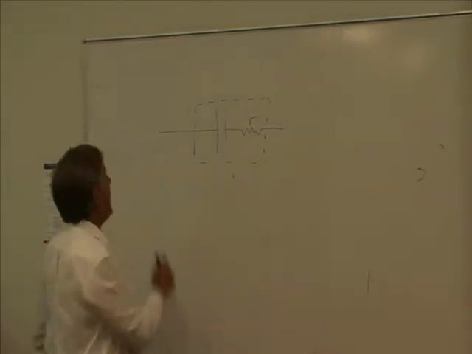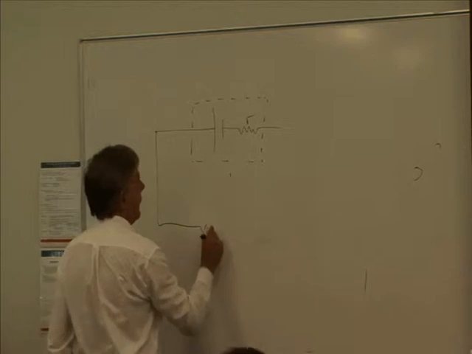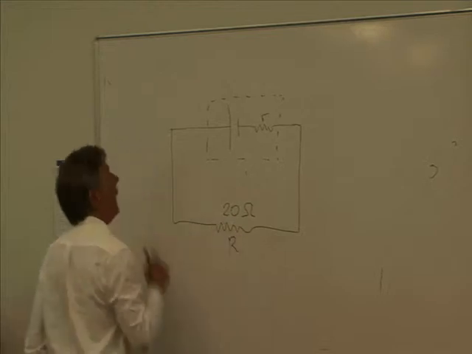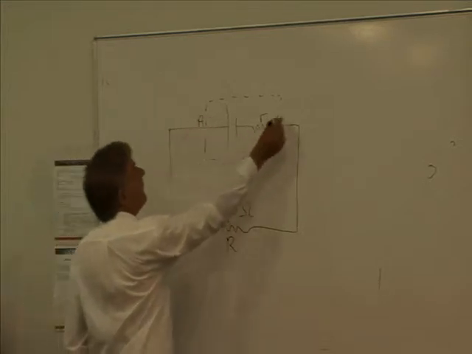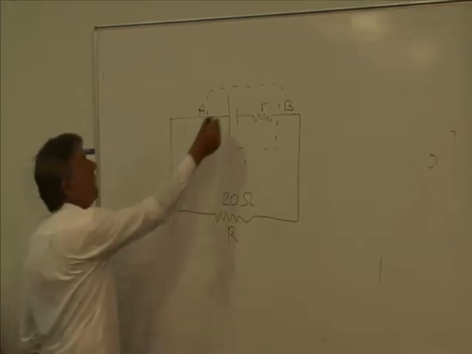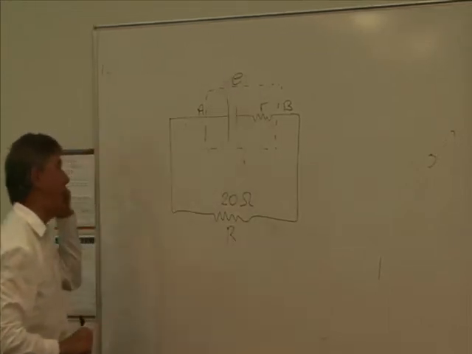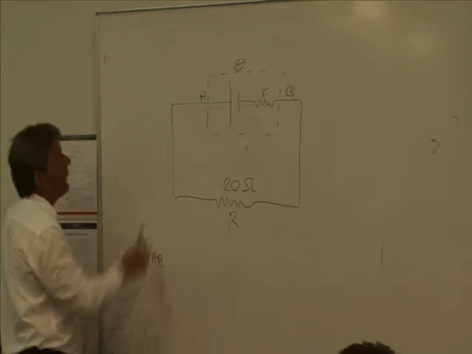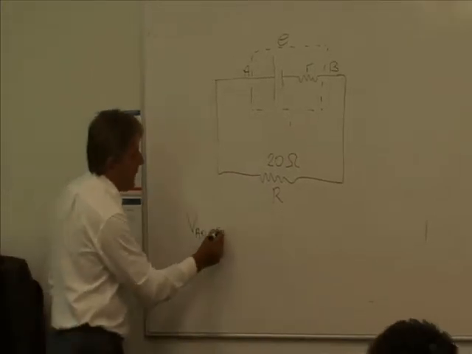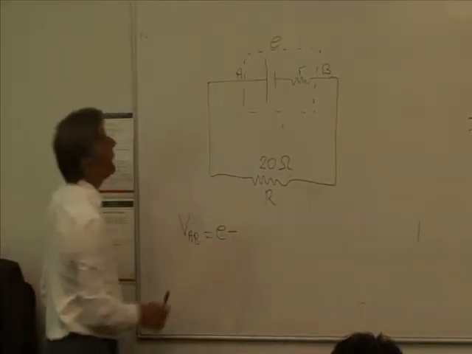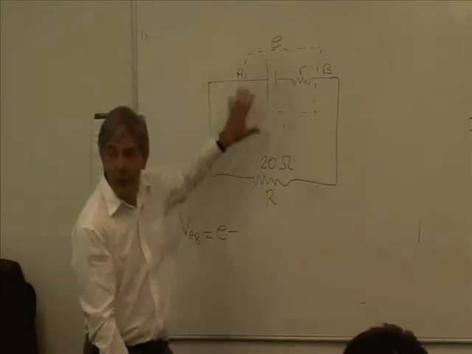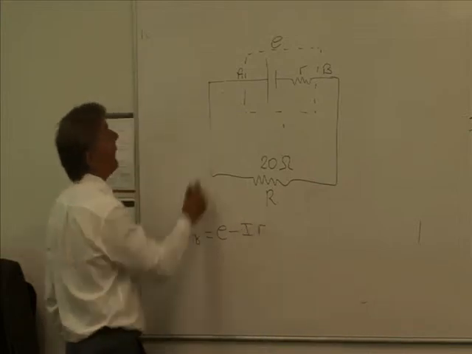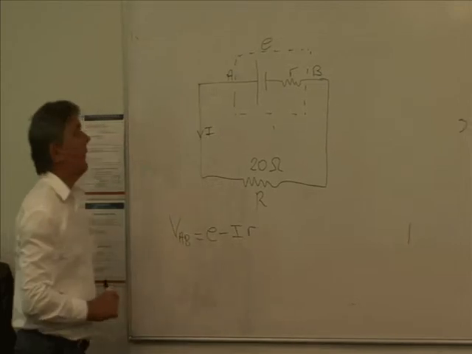And we connected a 20 ohm resistor across it. 20 ohms, we'll call that R. Let's label that A, B. And EMF we'll call E. So can we say that the VAB, the voltage between A and B, is the EMF of the cell minus the voltage that's lost through the internal resistance, which we'll call r. So we're assuming a current I is flowing in the circuit then.